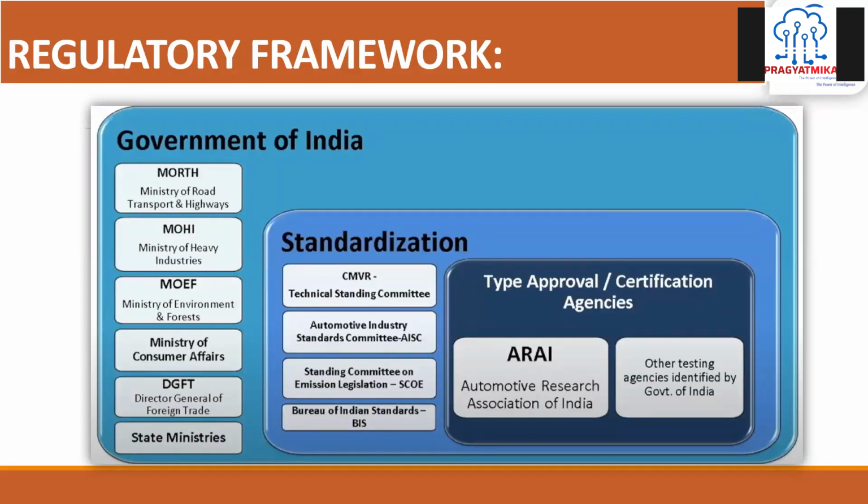Once that regulation is framed and accepted within the AISC ecosystem, it goes to the CMVR, and further CMVR passes it and sends it to the ministry for generalization and execution of those standards. And then the RI and the ICAT standards that you must have heard of come in.